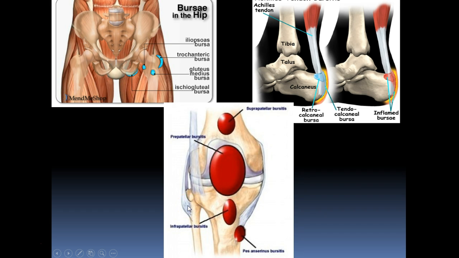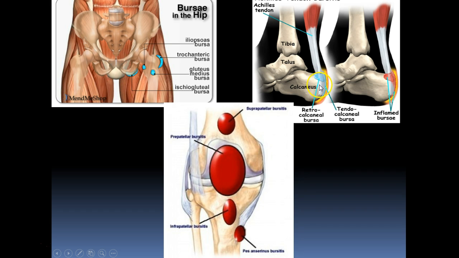As I mentioned, there are many bursae in the body. These are the bursae in the lower limb. So we've got the hip bursa, different ones. The most common one is the trochanteric bursa, and we'll talk about trochanteric bursitis when we get to the hip. In the Achilles or in the ankle, we also have what we call the retrocalcaneal and tendon calcaneal bursa.